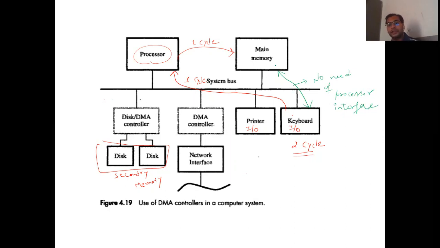If we can directly access the memory from the input/output devices, then it is definitely going to take less than two cycles. That technique we call the DMA technique.